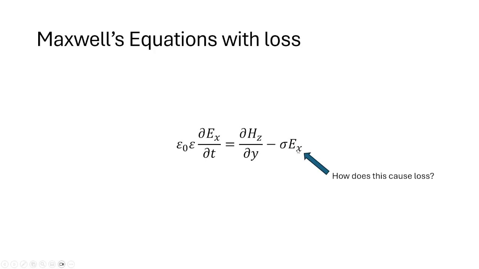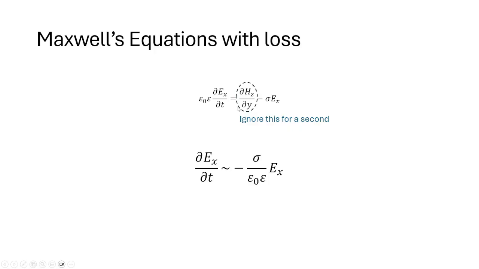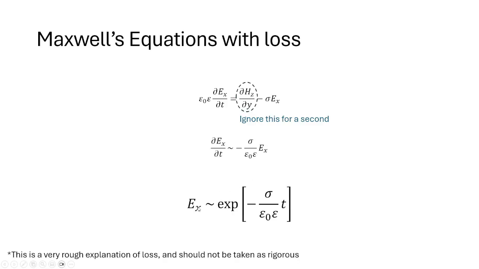But how does this actually cause loss? Maybe this is already obvious to you, but just in case it isn't, for a second, we're just going to ignore the space derivative of the magnetic field, and we're going to look at this part of the Maxwell equation. This is just a simple differential equation, and we can solve it. Here's the solution.